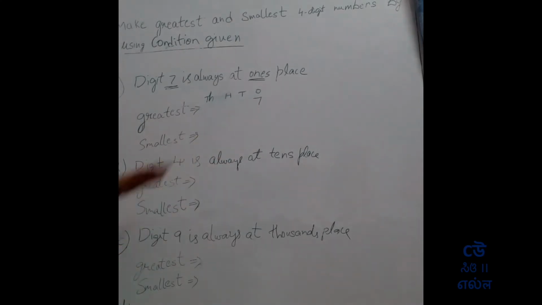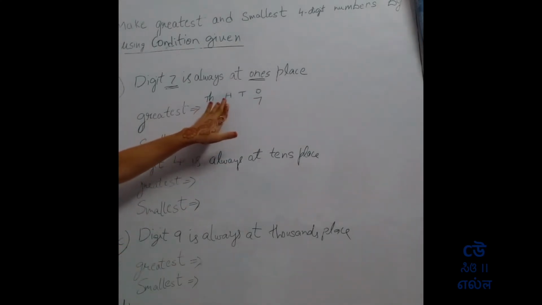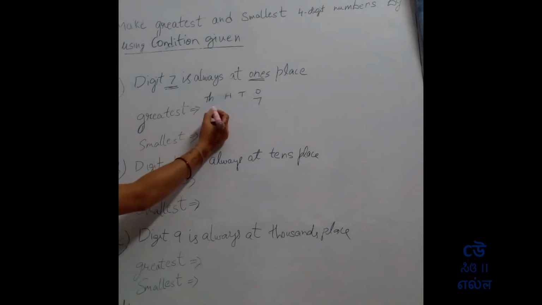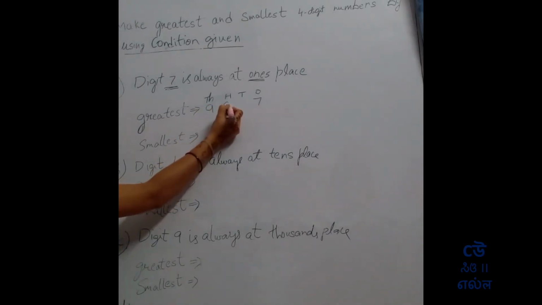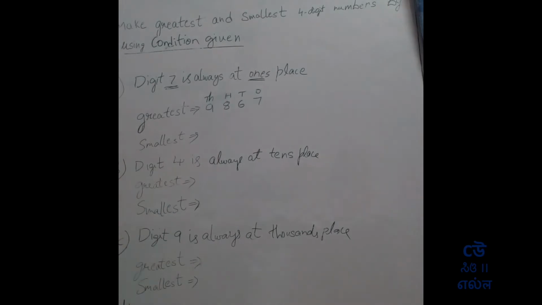Okay. So the remaining thousands place, hundreds place and tens place, you can fill with any number as you wish. So I will consider number 9 and any number you can write. Okay. 8, 6 and 7. So this is the number which I have considered.